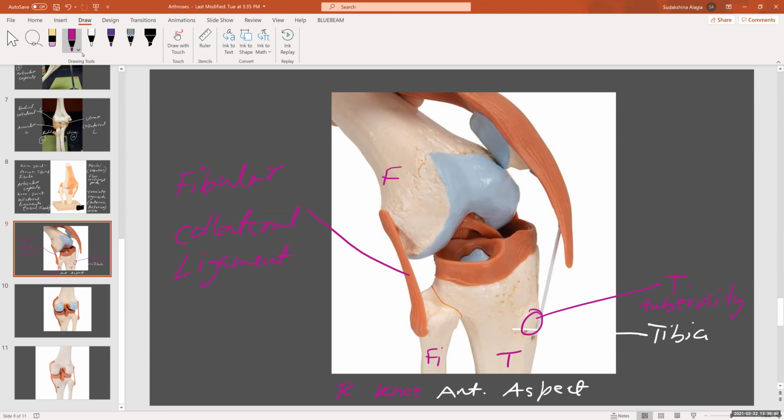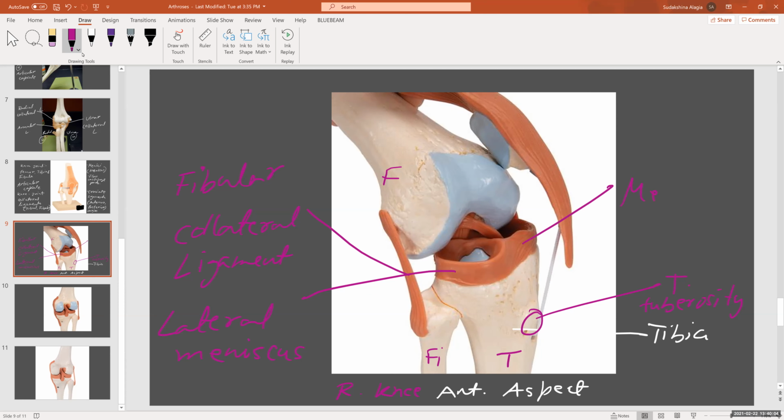So the two menisci, the lateral and the medial meniscus. The names come from their positioning, which one is lateral and which one is toward the medial. So this is the lateral meniscus.